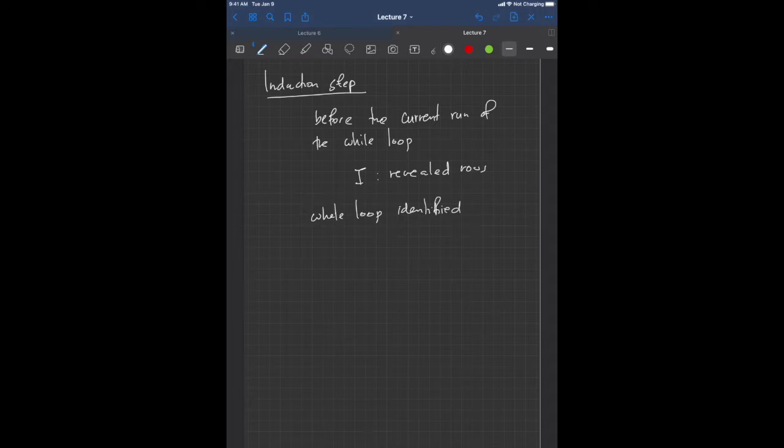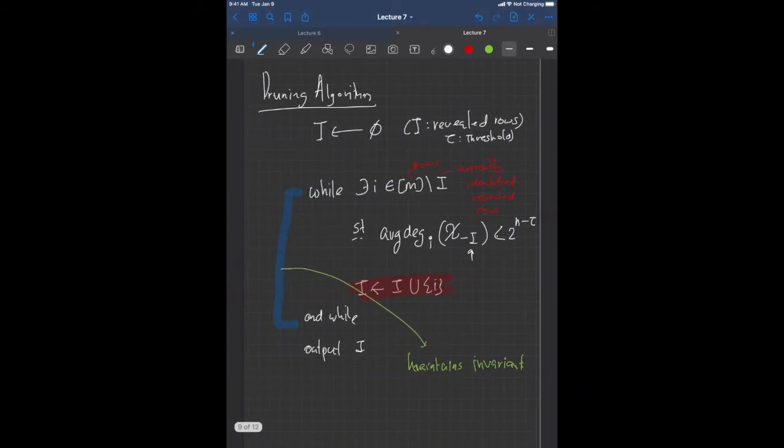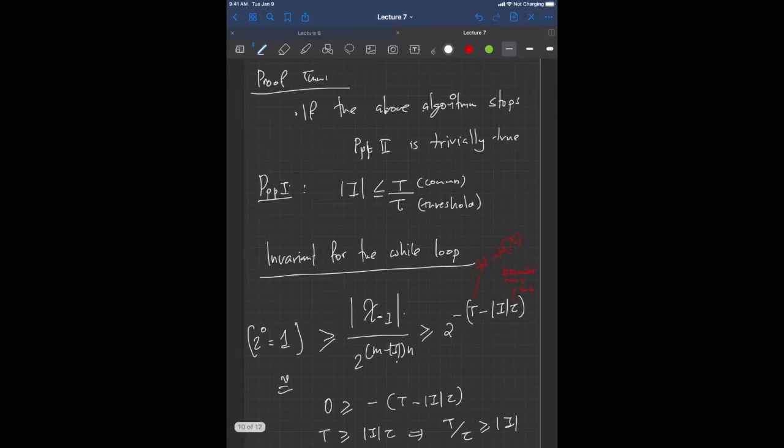I think I called it I, but let's call this j. I hope that's the only update I have to do. Oh yeah, so this should be the average degree of j.